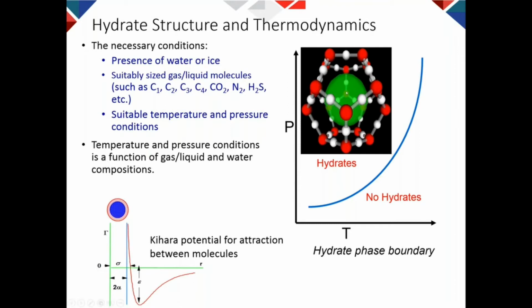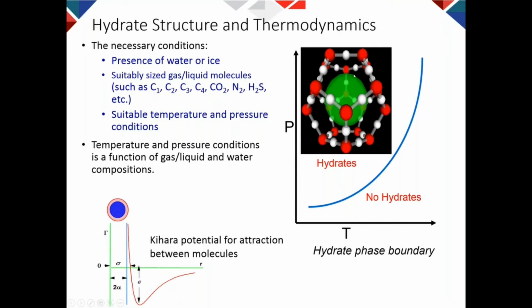But when the molecules get closer to each other, they change the polarity, so the electron goes to one side, the proton to the other side, and they form van der Waals forces. So they attract each other. So like here, if they get close to each other, they attract each other. If they get too close to each other, they repel each other.